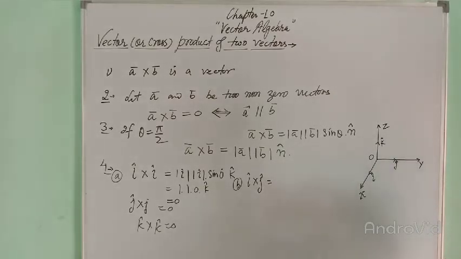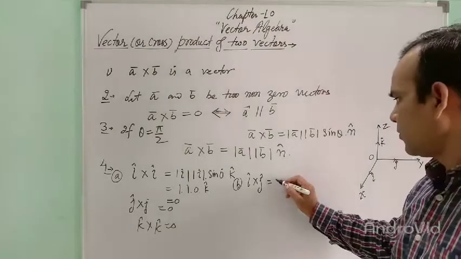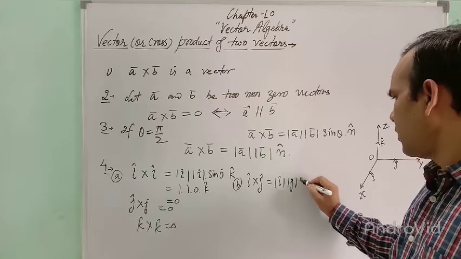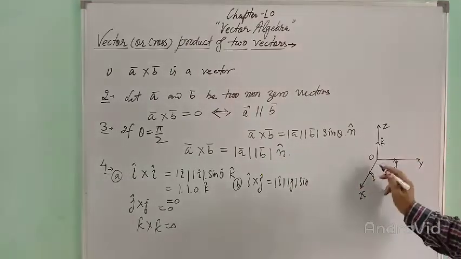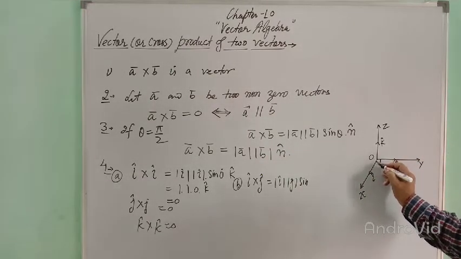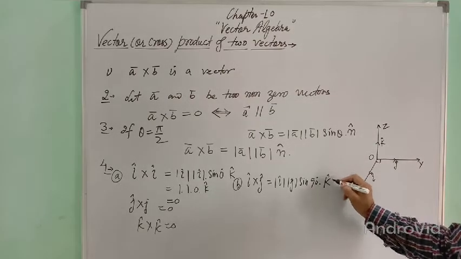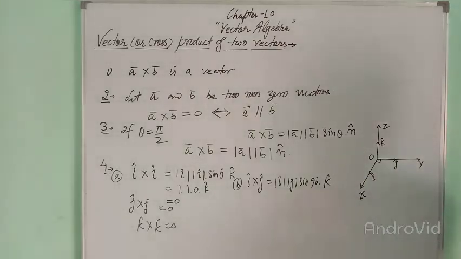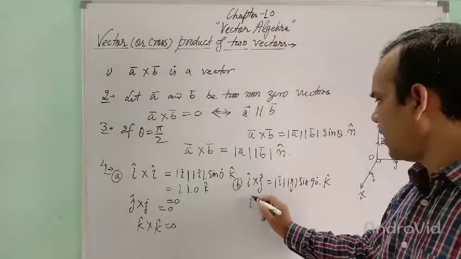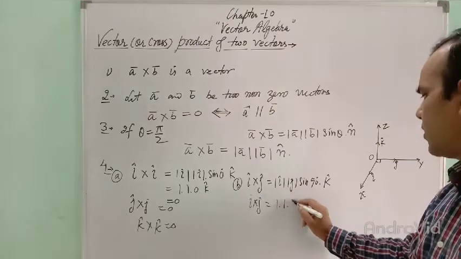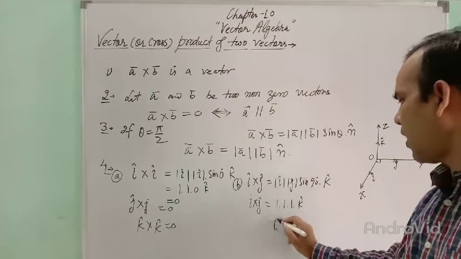So i cross j will become equal to magnitude of i cap, magnitude of j cap and sine. Here the angle is 90 degree, so sine 90 degree, and normal vector is k cap. So here we will have i cross j equal to, this is 1, this is 1, this is 1, k cap.